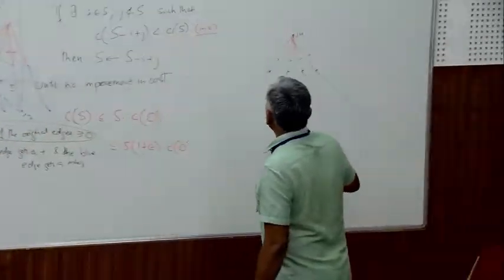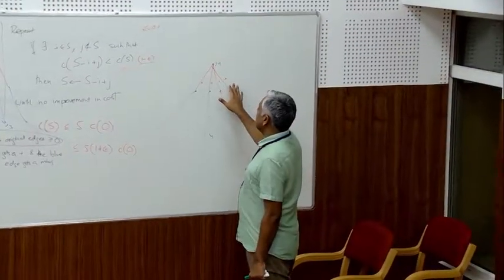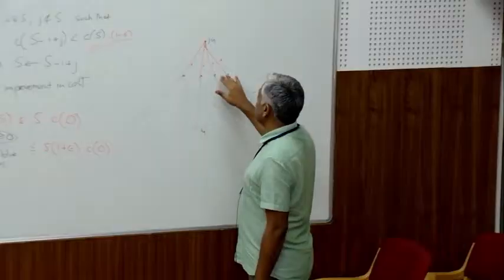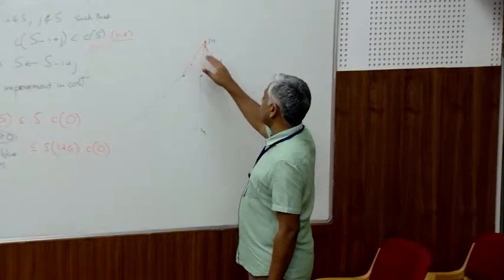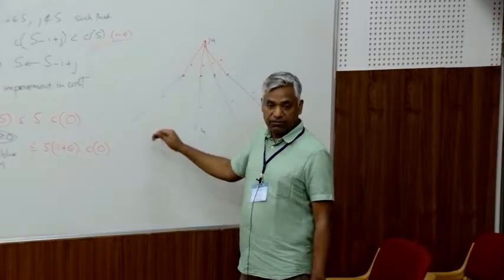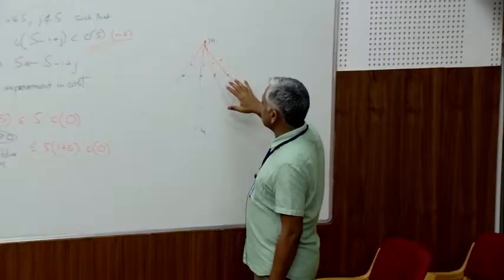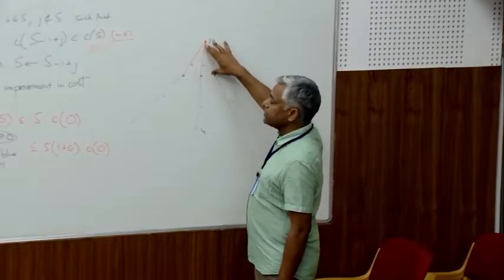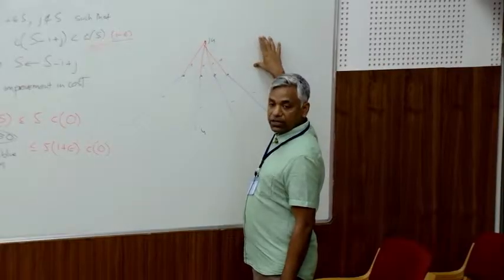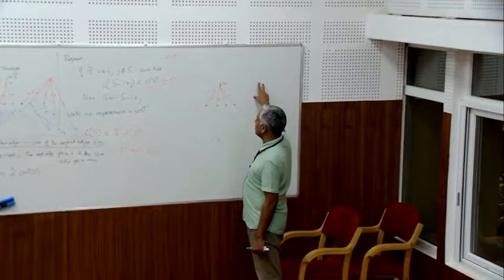But there is also the fact that I'm opening one new facility, and it is going to be serving some clients, and they are going to come here no matter which facility they were getting served by in my solution. So this is going to happen for every client. Every client is going to see the red edge as a plus, because at some point the facility that this client was getting served by in the optimum solution is going to be open.